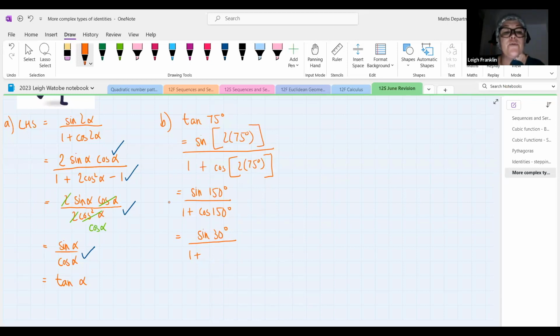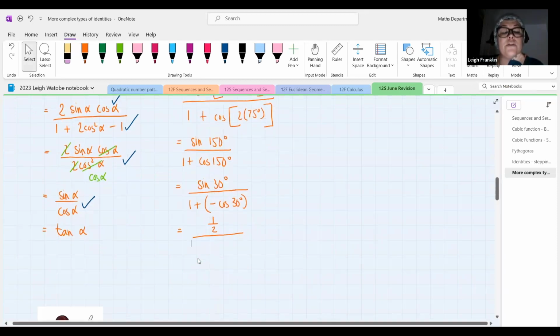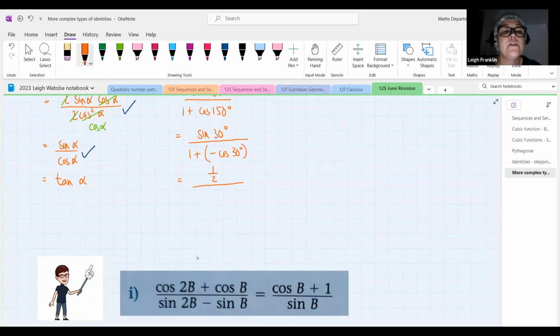So this is going to reduce to negative cos 30. Okay. Now we can use our special angles. So we've got sine 30 at the top, which is a half. And we've got 1 minus cos 30 at the bottom. So this is going to be 1 minus, and the cos of 30 is root 3 over 2.